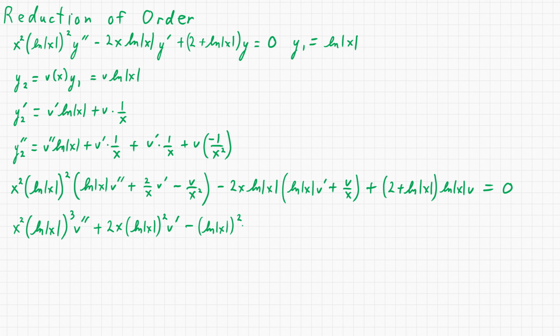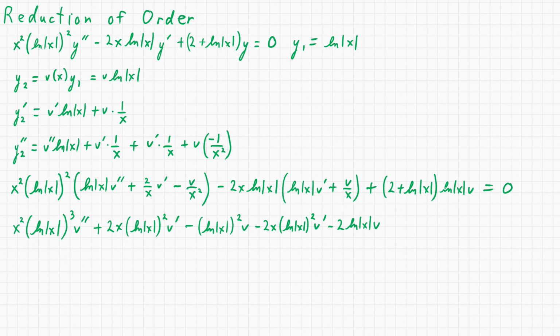That's all times v. All right, hopefully we have enough room. I've got minus 2x natural log absolute value of x times natural log absolute value of x, so minus 2x natural log absolute value of x squared v prime. Then I've got minus 2x natural log absolute value of x times v over x, so the x's cancel there, and you get minus 2 natural log absolute value of x times v.